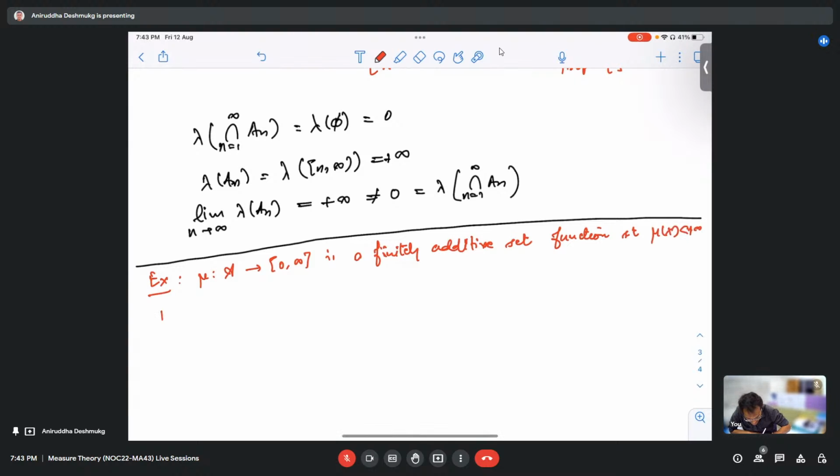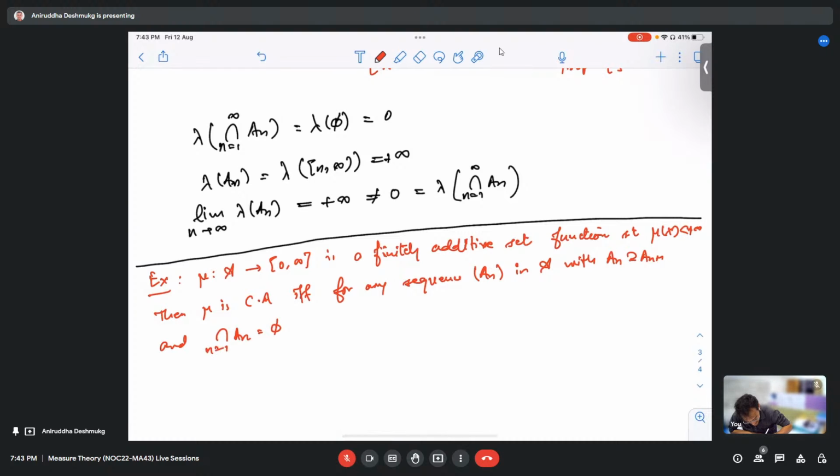Then we have to prove that mu is countably additive if and only if for any sequence A_n in the algebra which is decreasing and whose intersection is empty, the limit of mu of A_n is 0.